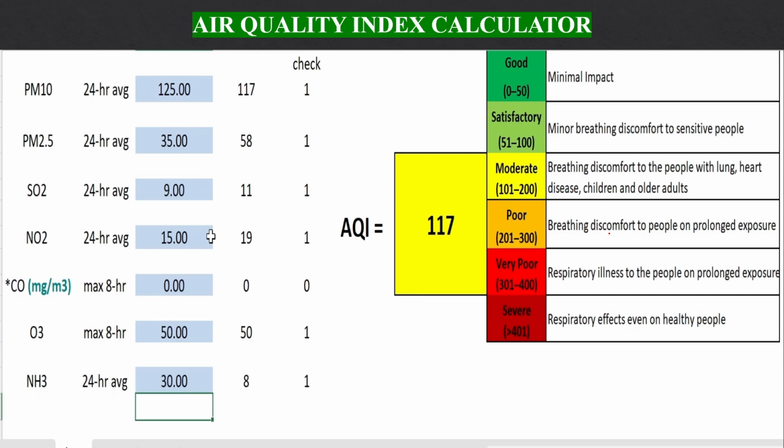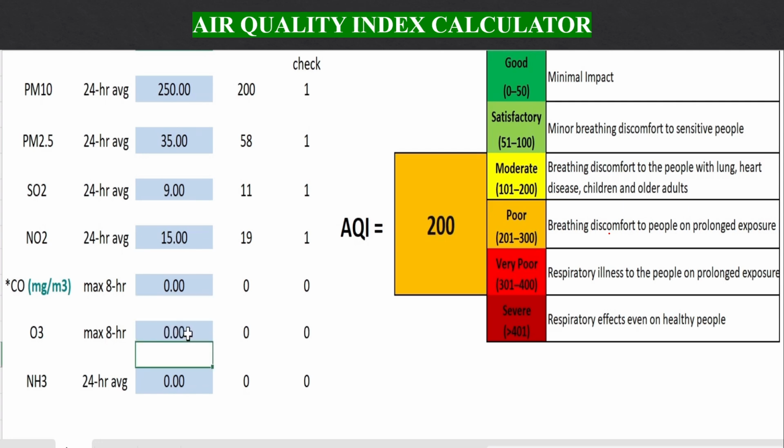You can see that the sub-index value is maximum for PM10, 117, and the air quality index shows 117, that is moderate, and the color is yellow. If I change PM10 to 250, the sub-index value becomes 200 and the air quality is in the poor range. So accordingly you can calculate the air quality index using this calculator.